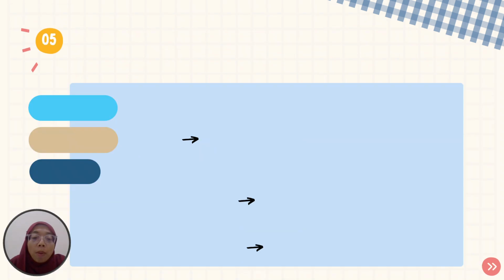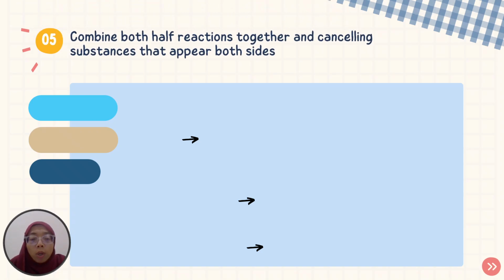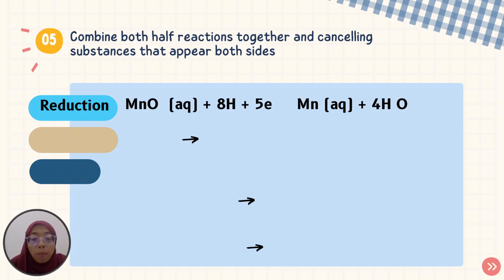Next, step number 5 is combine the half reactions together and cancel the substances that appear on both sides. So we write again the total reduction reaction: MnO4 minus plus 8H plus plus 5 electrons producing Mn2 plus plus 4H2O.